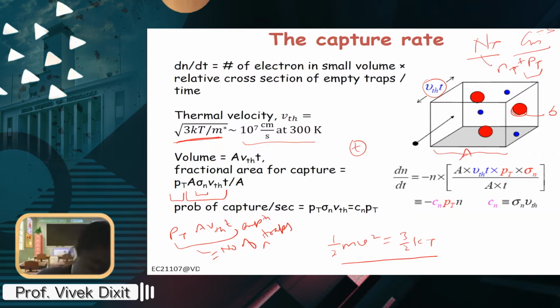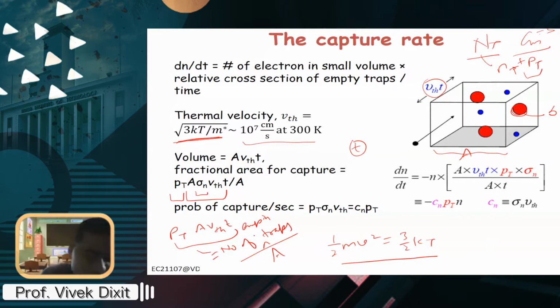The number of traps per unit area, you have to divide this by A. That becomes the trap density per unit area. What will be the value? You cancel A, and you get Pt times sigma n v thermal times t.